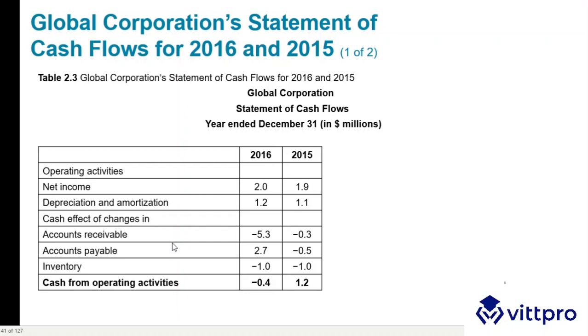The other way of calculating, which is called the indirect way, which is a bit easier, we normally take the net income from the profit and loss statement and we add any non-cash items in the profit and loss statement. So in this profit and loss statement, the only non-cash item was the depreciation, the visible one, right? So we added that one back, and then we look at the balance sheet.